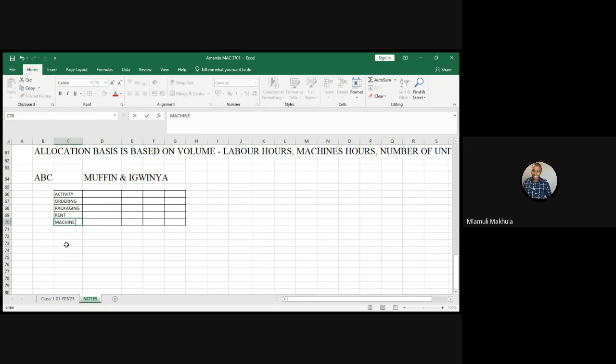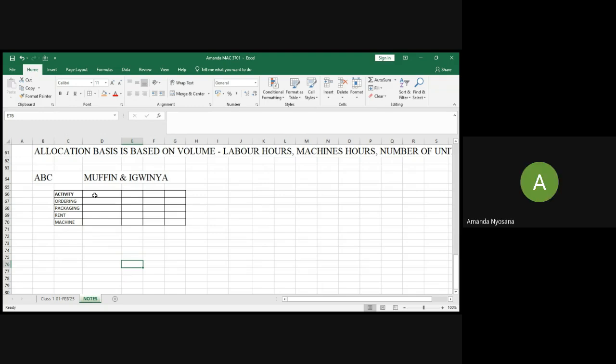These are activities that are involved when we are producing these muffins. But now we cannot trace these costs directly to these products, my friend. Therefore, we must find a way that these activities can be allocated to these products.